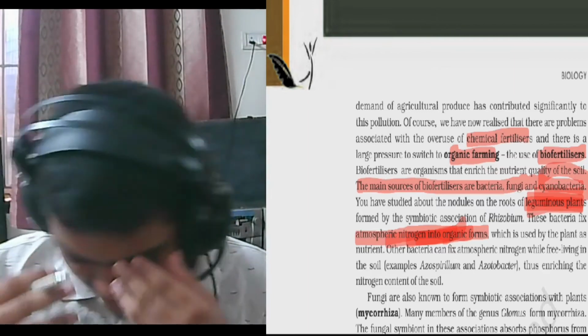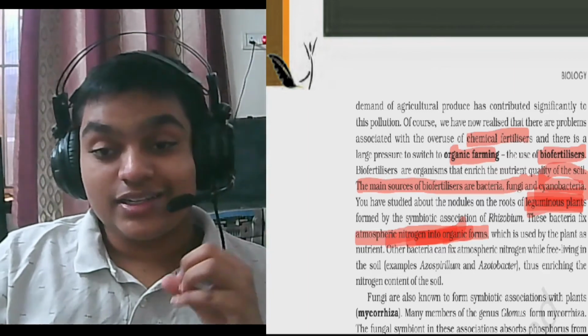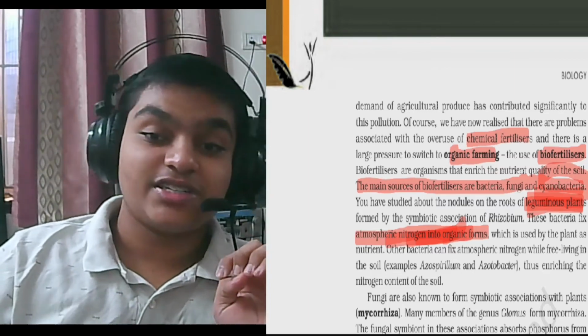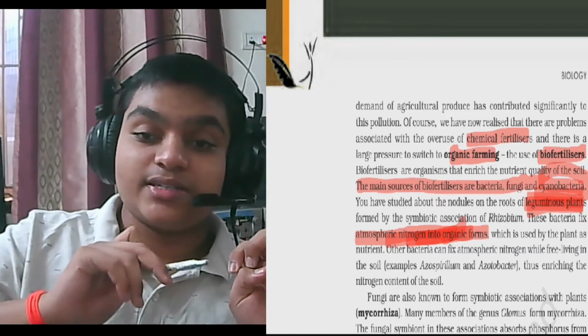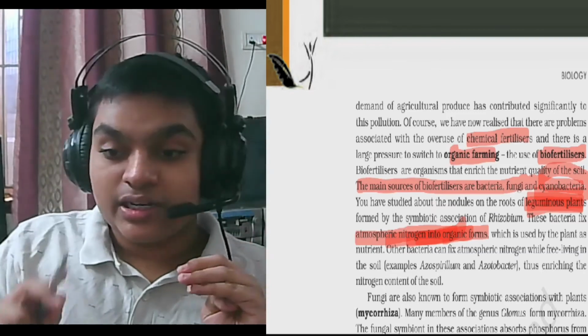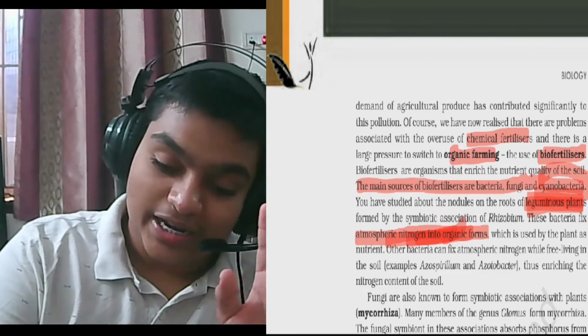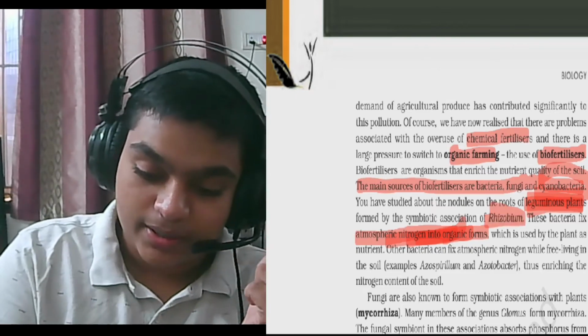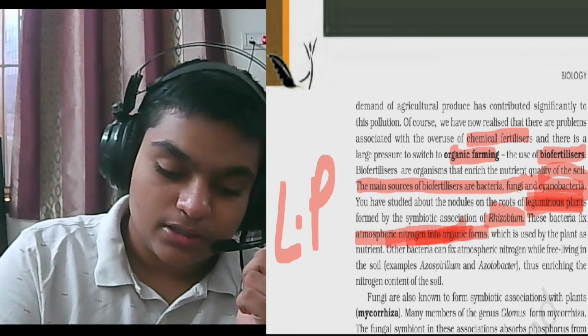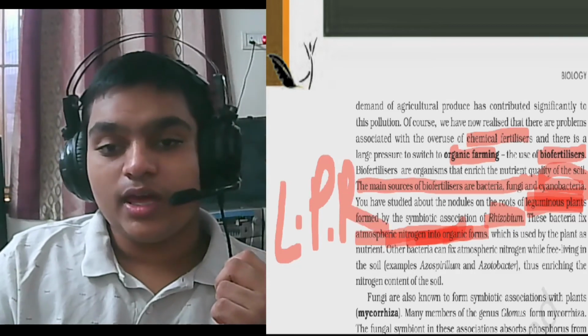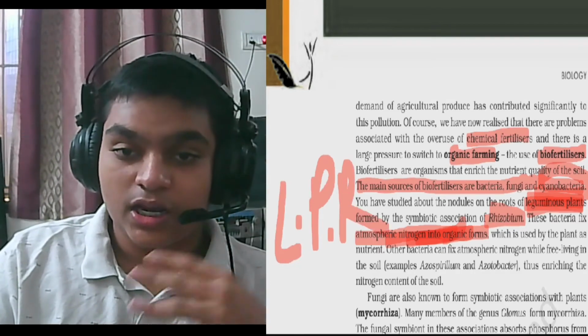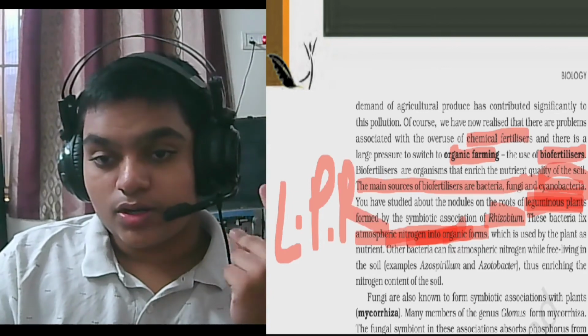The specific nitrogen fixer which is able to fix nitrogen in the leguminous plant root nodules is called rhizobium. You have to remember this. Legume plants, rhizobium, LPR.